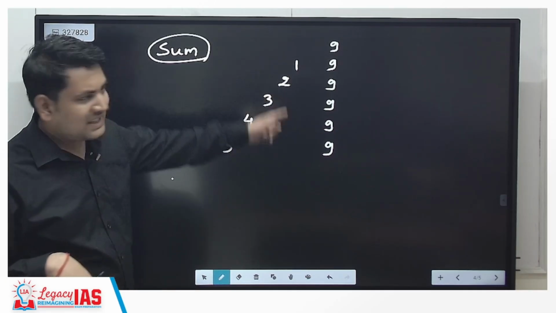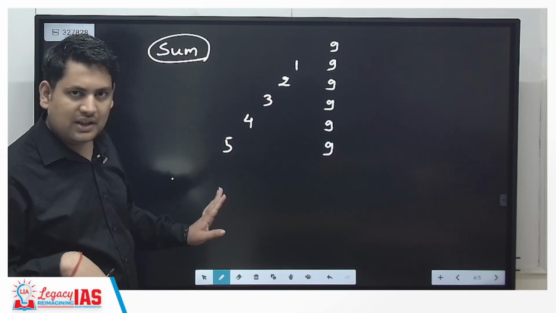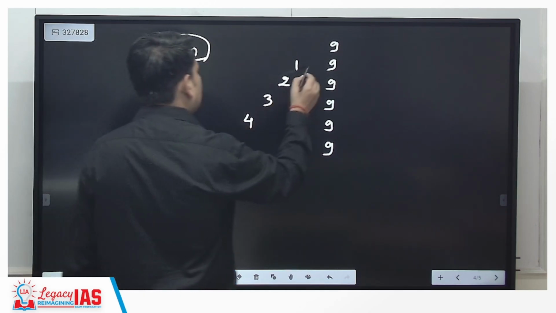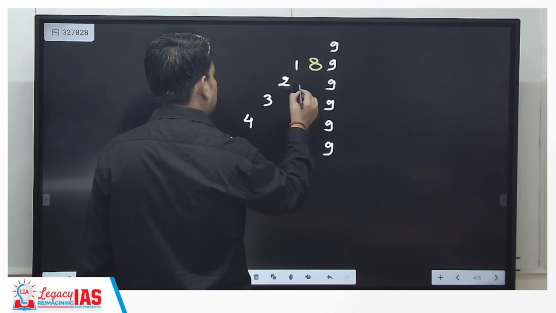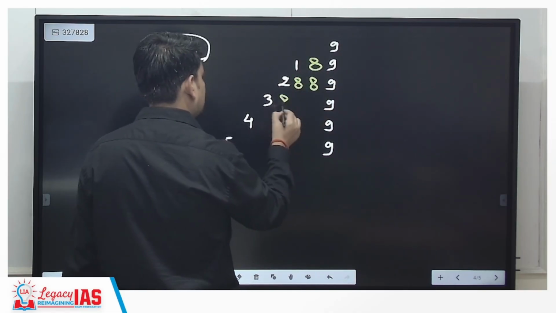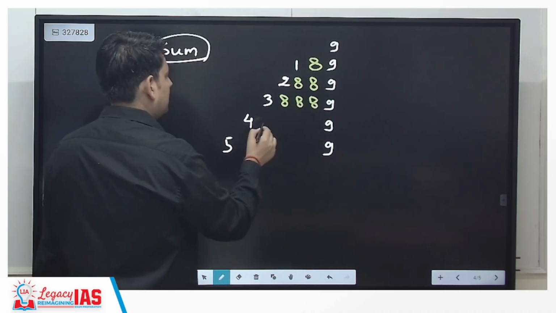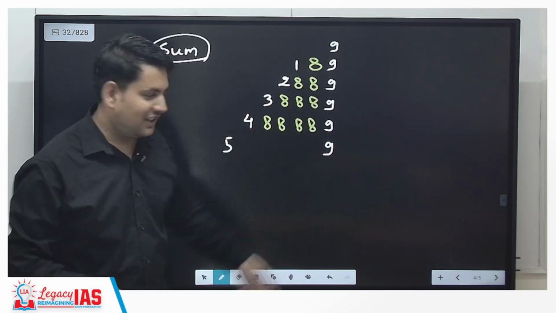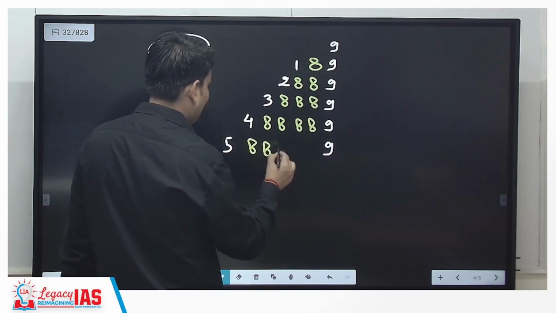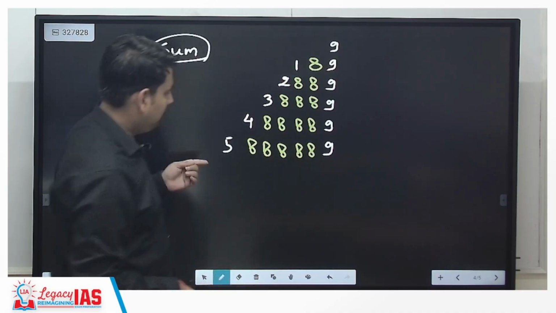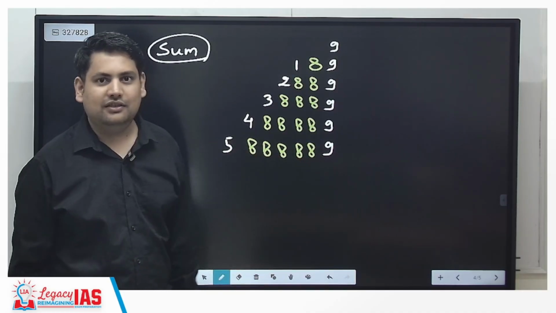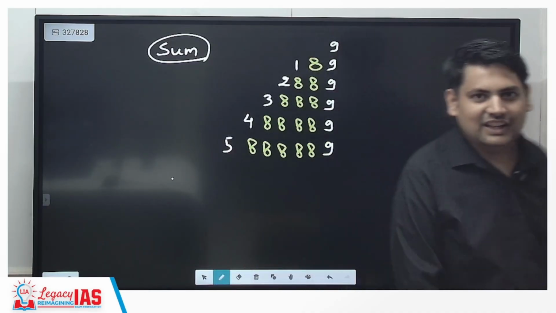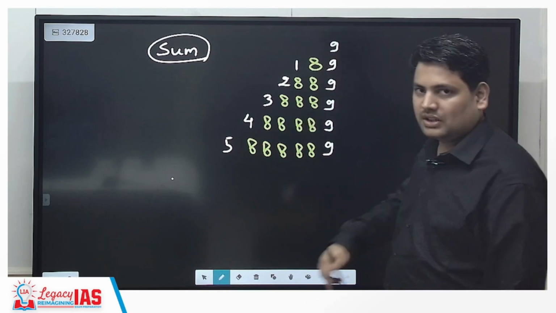Now whatever space is left between this arrangement, you just write 8 in them. So this becomes 189, this becomes 2889, this becomes 3889, this becomes 4 times 8 then 9, and this becomes 5 times 8 then 9. Otherwise, if you have to add, this becomes very calculative. Instead you can use this trick.